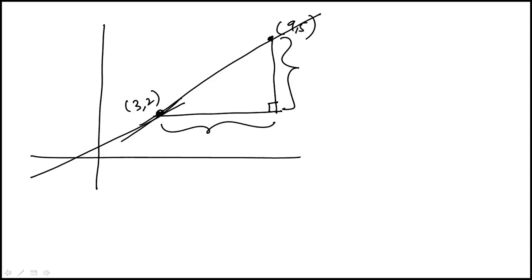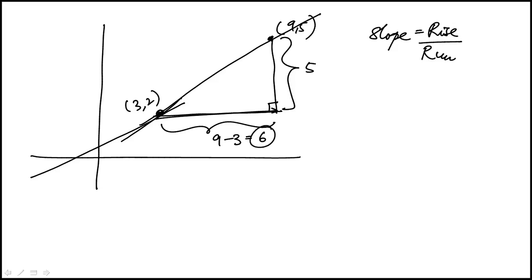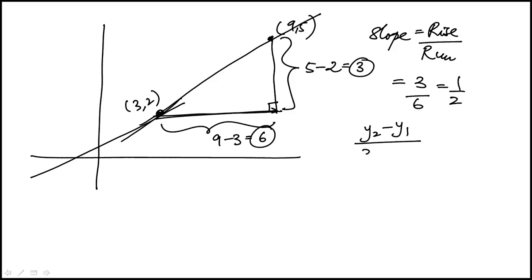You can also think of it as rise over run, meaning how much do we go up when we go a certain distance in the horizontal direction. So this distance is 9 minus 3, or 6, and that is 5 minus 2, or 3. So here the slope is 3 over 6, or half. The slope in general is just the difference between the y coordinates over the difference in the x coordinates.